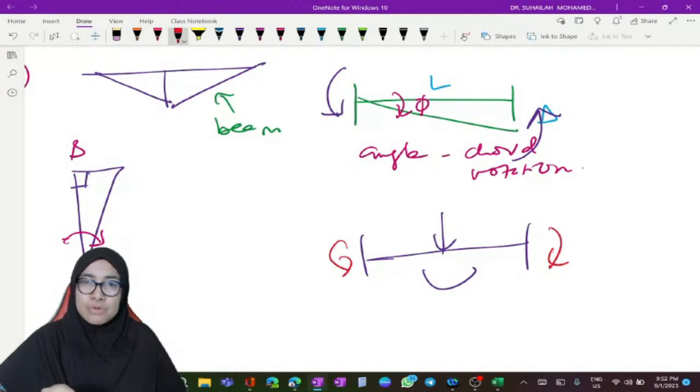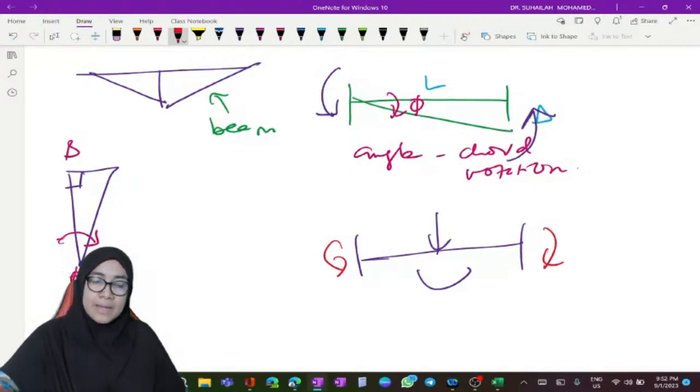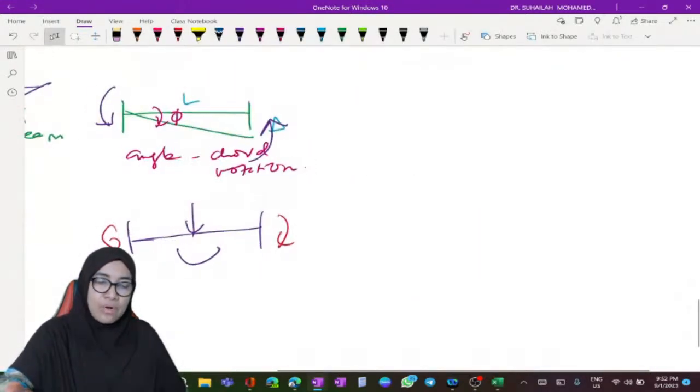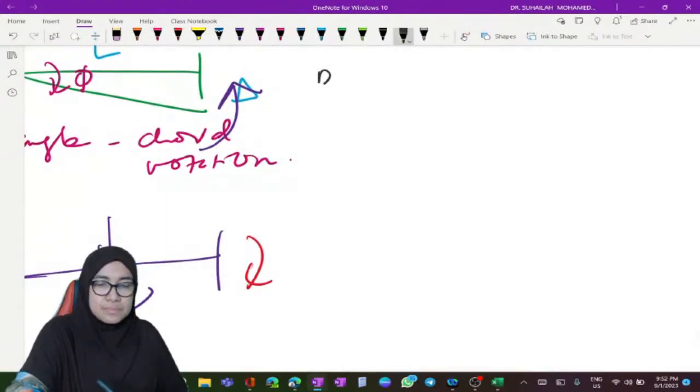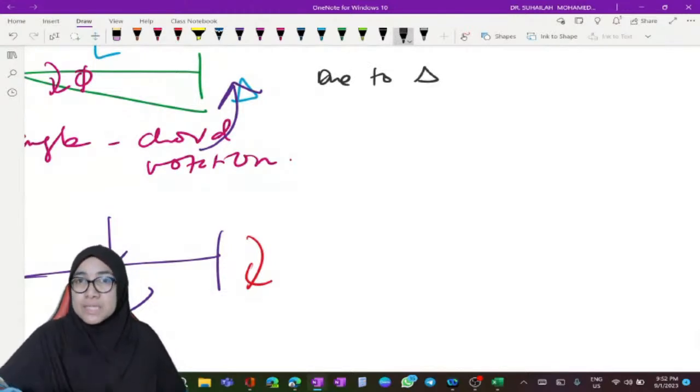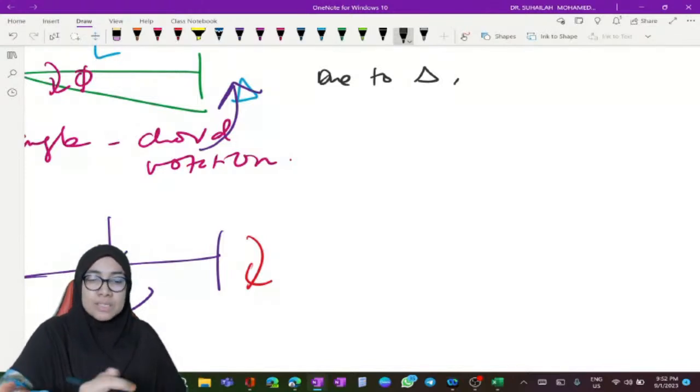We have to push the beam back to its original position. Delta can be support settlement or Sidesway.